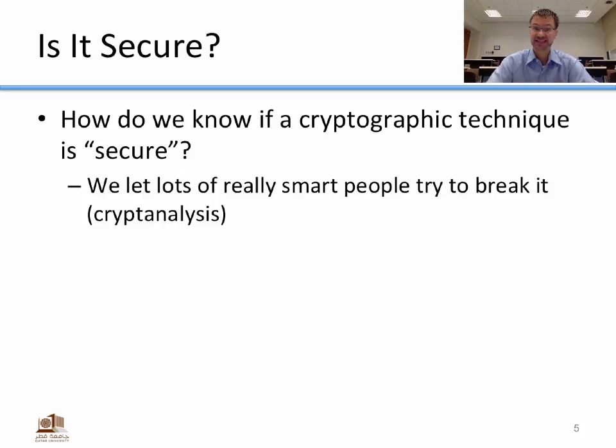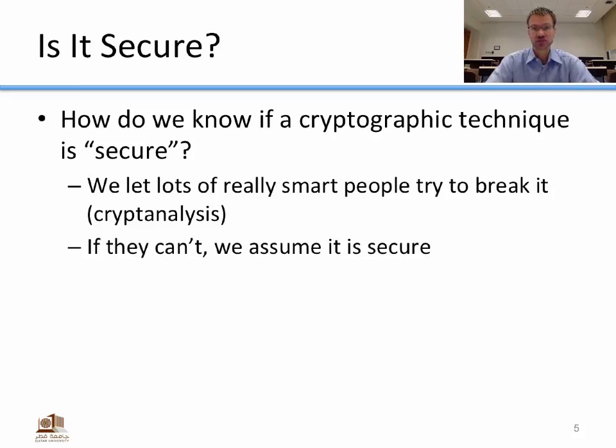Instead, we get lots of really smart people to try and break it. So we have lots of really smart people who perform cryptanalysis on a given cryptographic technique. And if none of them can break it, after a long time, we begin to assume it's secure. And the longer an algorithm has gone without someone demonstrating a break for it, the more secure we tend to think it is.